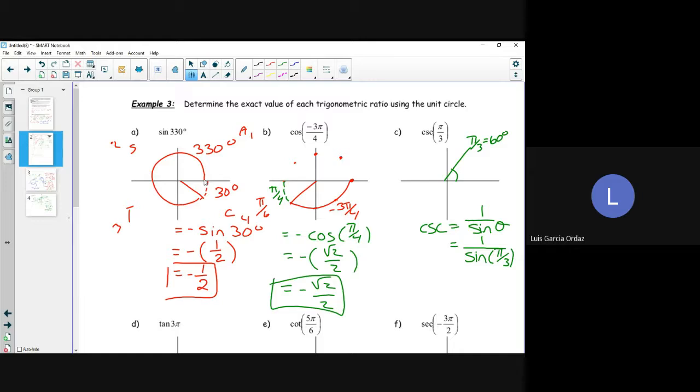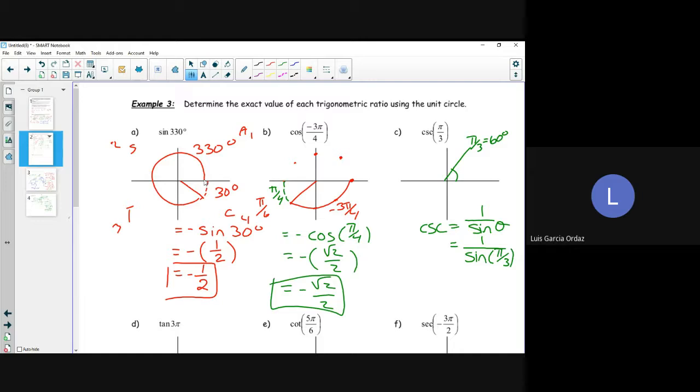What is sine of pi over 3? Use your special triangle notes.